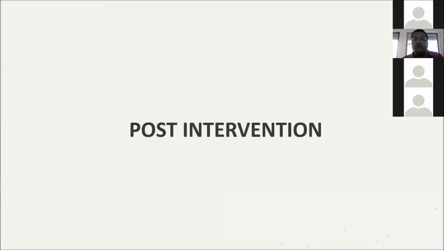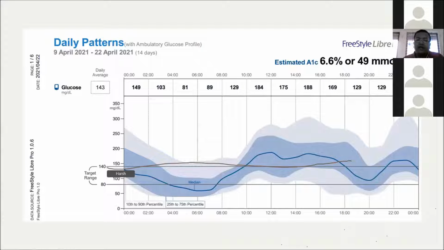Intervention was done in the form of diet, insulin dose changes, also activity changes, and an improvement was obtained. So the former record can be compared to the present record, and then an improvement can be assessed through it. This is the improvement which has been brought.